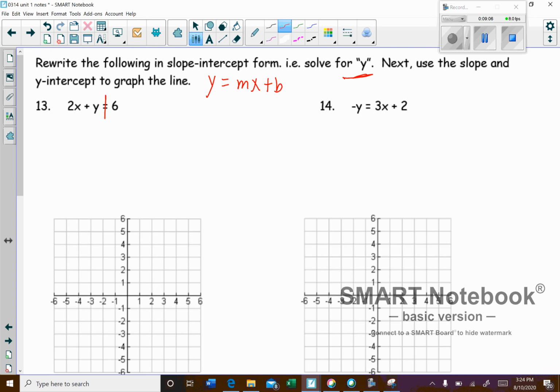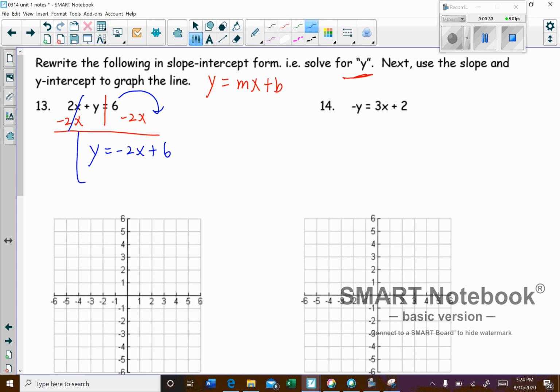So I like to draw a line to differentiate the two sides, just to keep things organized. So what I'm going to do here is subtract 2x from both sides. So subtract 2x, and so that will cancel out. I'm going to be left with y equals, now I have 6 minus 2x. What I like to do is put that minus 2x first, and then that positive 6, I'll just tack it on as a plus 6.